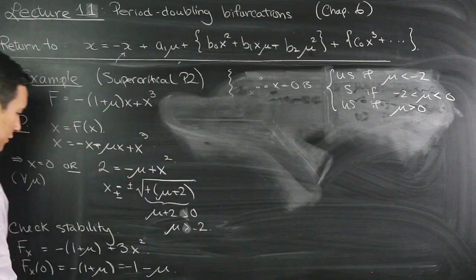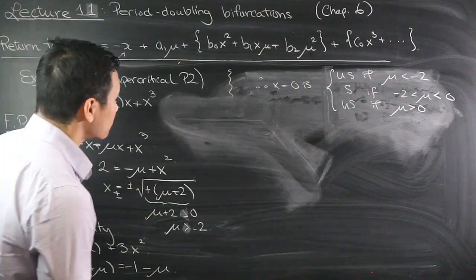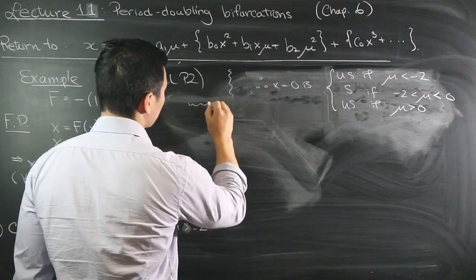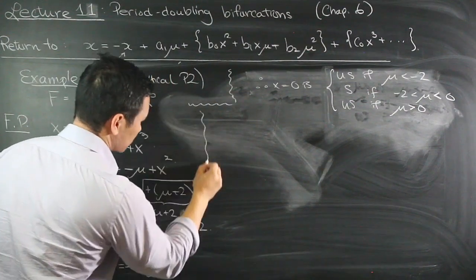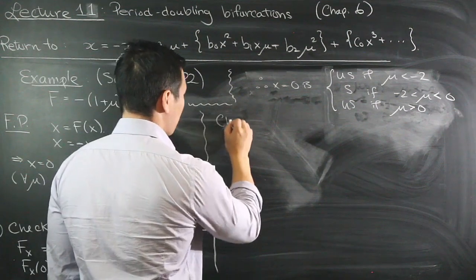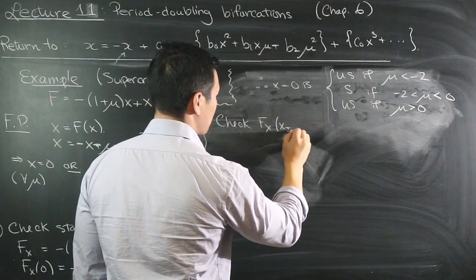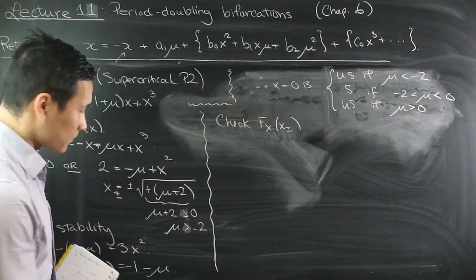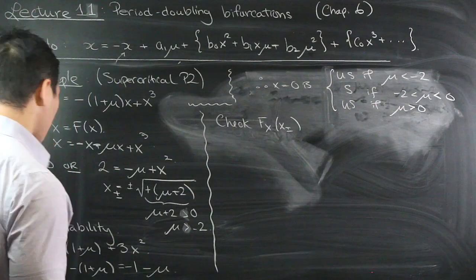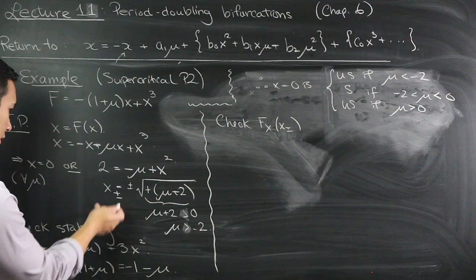Okay, and then you have to do the same thing with these other two guys here. So let's check f'(x) at x plus or minus. So you put this quantity into this thing here, so you have to square it.